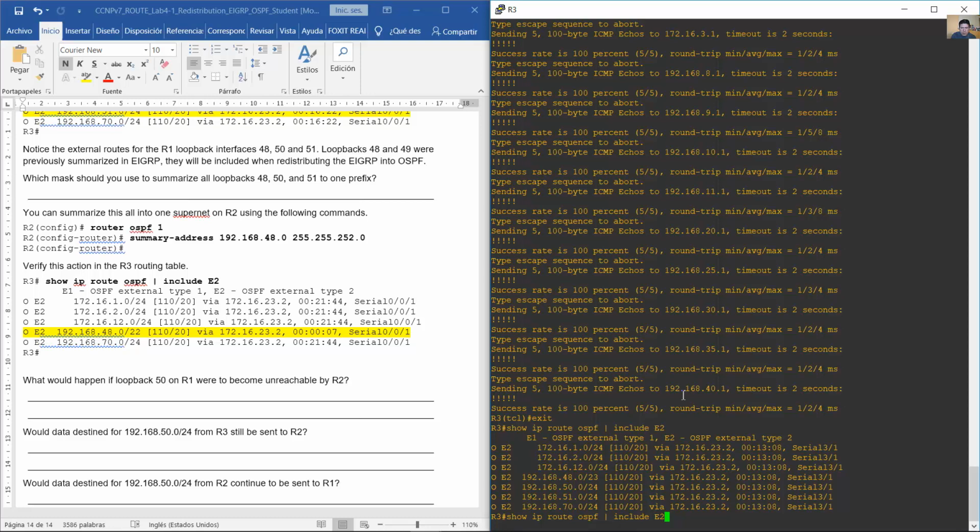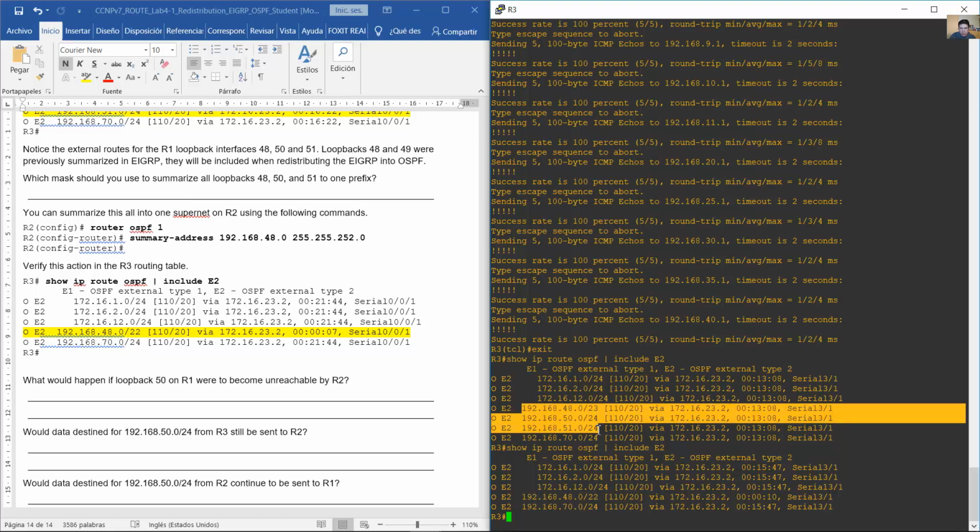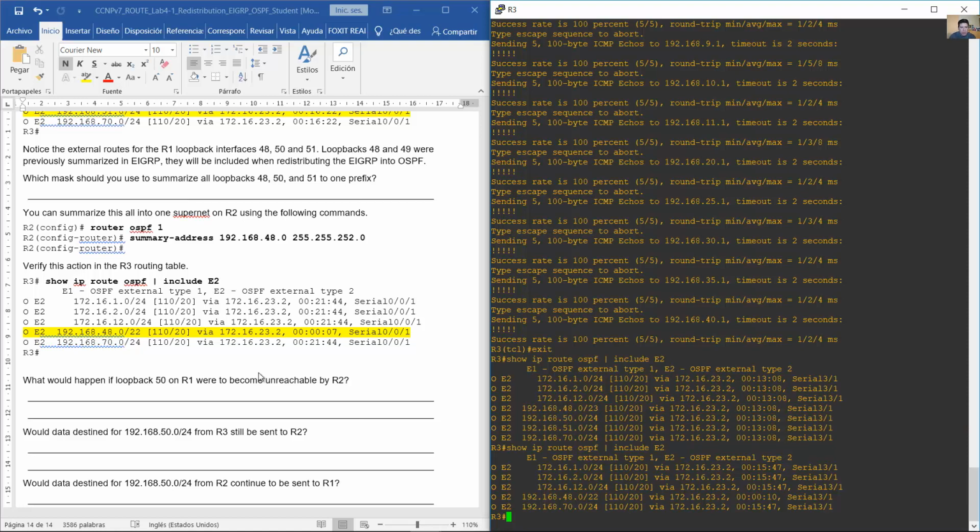Show ip route ospf include external type 2. Now you will see 192.168.48.0 with subnet mask 22, and this includes 48.0, 50.0/24 and 51.0/24. Very nice.